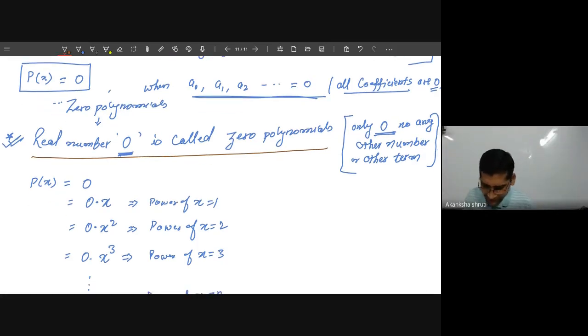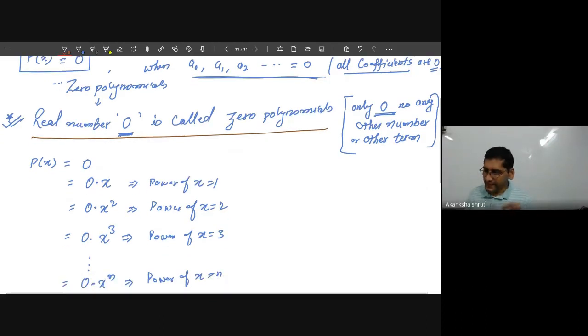Now coming to define the degree. For degree, we ask what is the power of x.